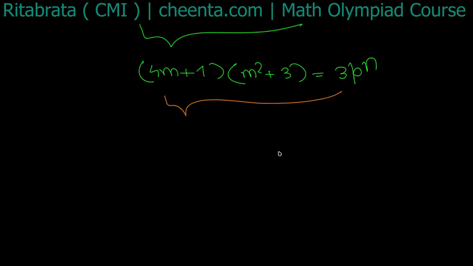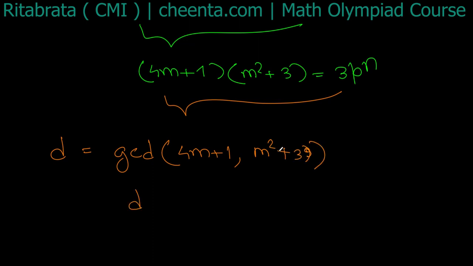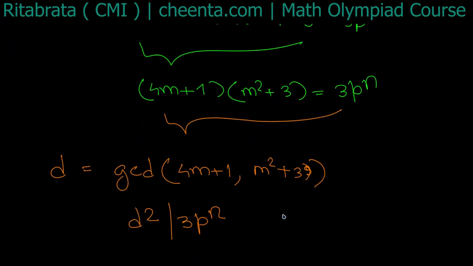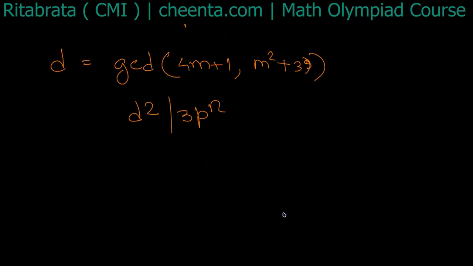Now see, let's define d to be the GCD of these things, 4m plus 1 and m square plus 3. So we know that d square divides 3 times p to the power n. Now what can be the values of d? For solving Diophantine equations, GCD is really important. So let's check some cases.